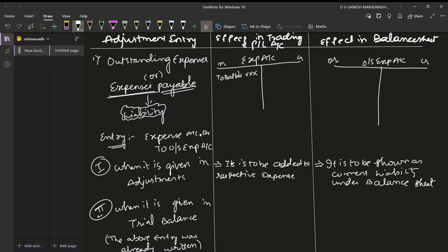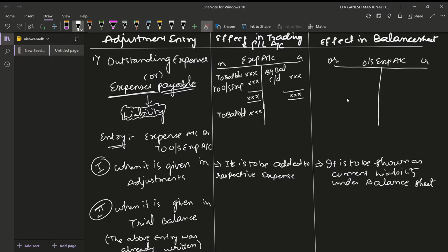That means expense is already added with outstanding expense, expense account debit to outstanding expenditure account. Then the total balance would be like a carried down balance. By balance carried down, we write balance brought down with the total amount which already exists and which is added with outstanding expenditure.